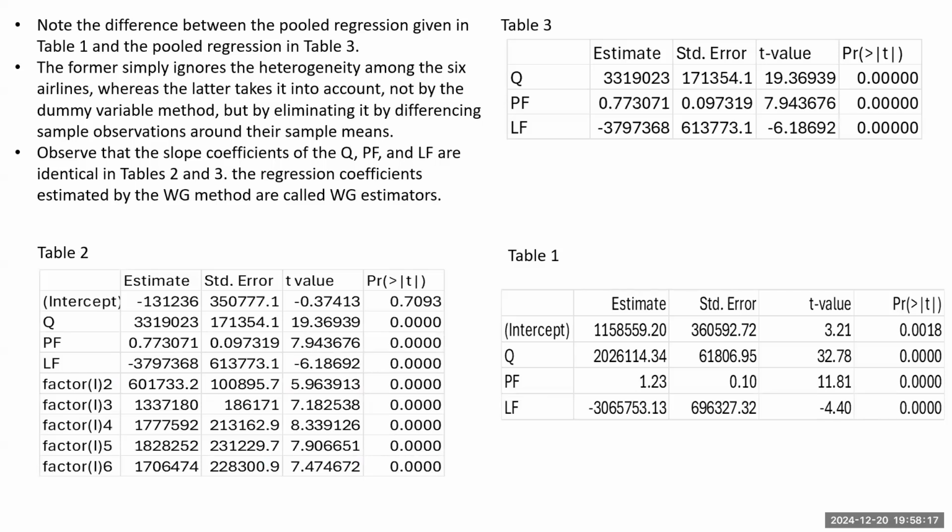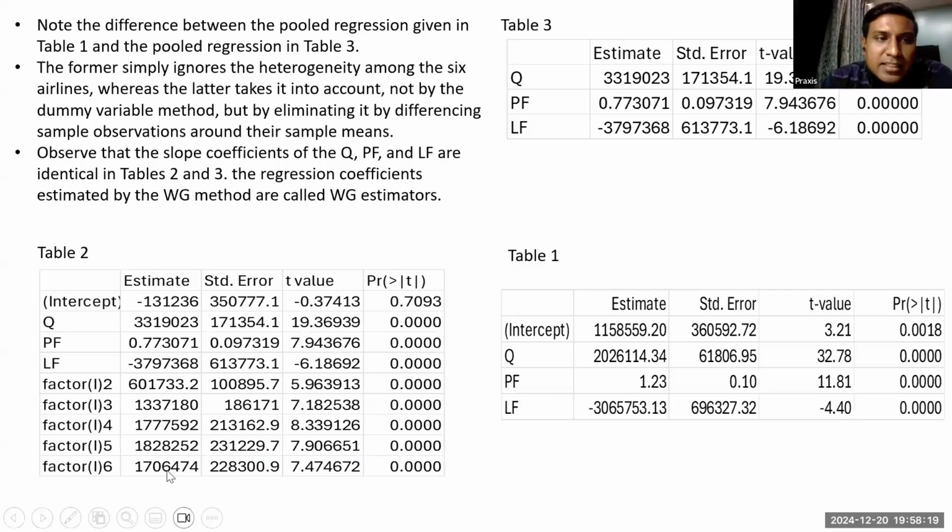And you see that Table 2 shows the model output of the least square dummy variable approach. Table 3 shows the model output for the fixed effect within group model. Just see the numbers for Q, PF, and LF. These numbers are exactly the same, right? Yes or no? They are exactly the same.